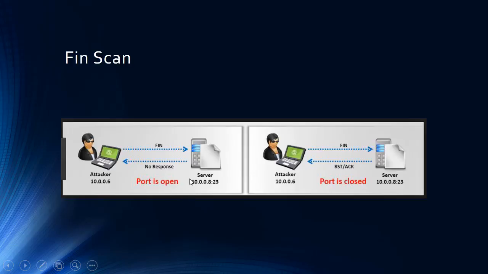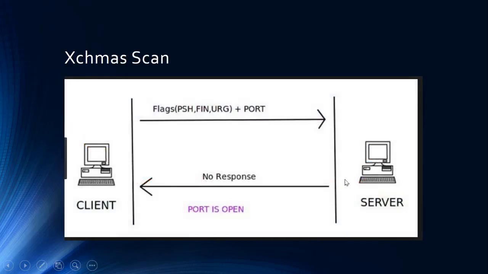This is the port behavior in general. If it sends the FIN packet and receives a reset ACK packet, that means the port is closed. So it's a different technique. Also with the Christmas scan, it's sending, as we saw right now, a packet with the PUSH, FIN and URG flags to the port. Depending on the response, if it gets no response, the port is open. If it gets a response, the port is closed.